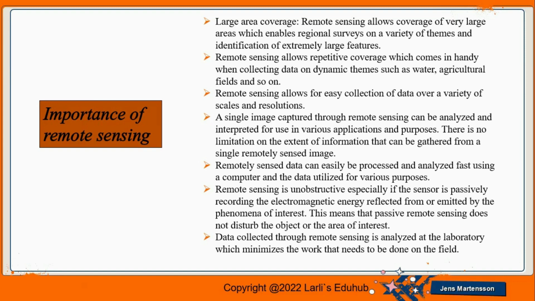So this enables you to make some distinctions. Oh, so this vegetation was like this for this particular time range, but after some time it started diminishing, and after some time it started reproducing again. So it allows you to take a repetitive coverage of your object of study.